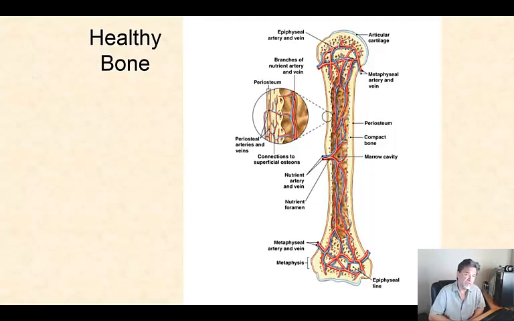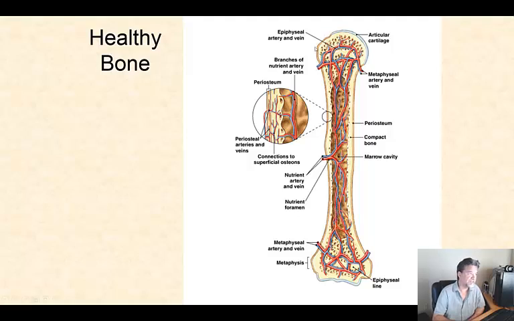I just want to remind you what a healthy bone looks like here. So this is beautiful, healthy bone. We have the middle portion that has the compact bone along the edges here. And then in the middle is the medullary cavity, where bone marrow in younger people will be maintained, red bone marrow.